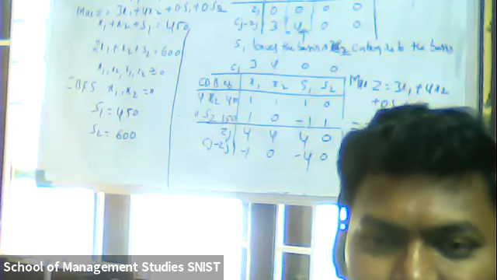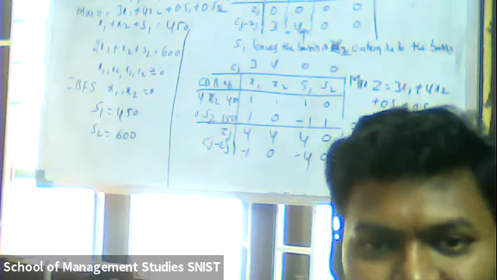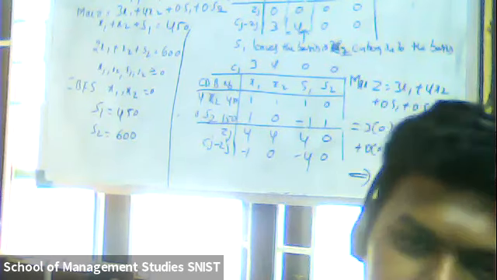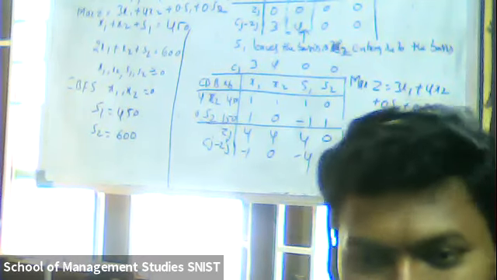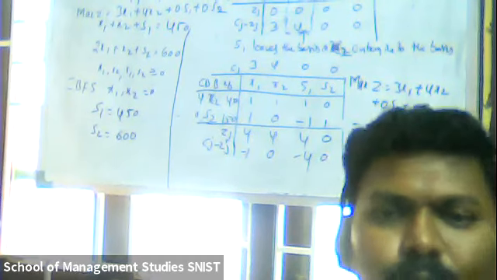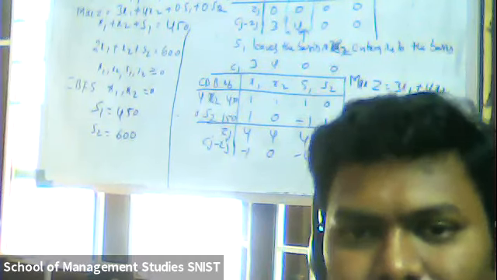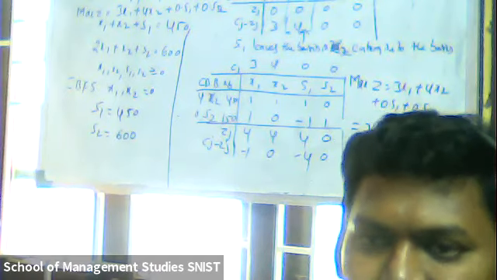To find out R2 new equals R2 old minus key column value of that corresponding row into R1 new. Okay, so if you know how to write this, then it is easy for you to solve the problems. If you understand that logic, then it is easy.